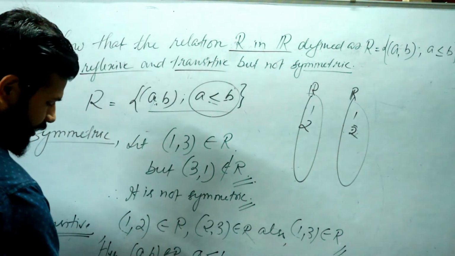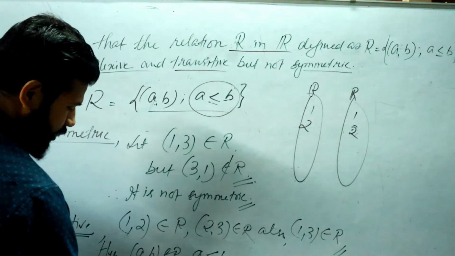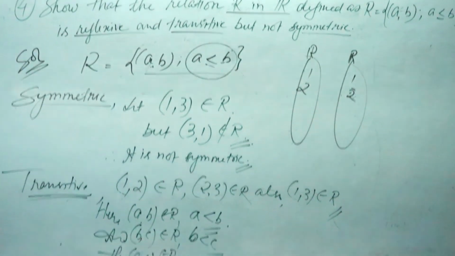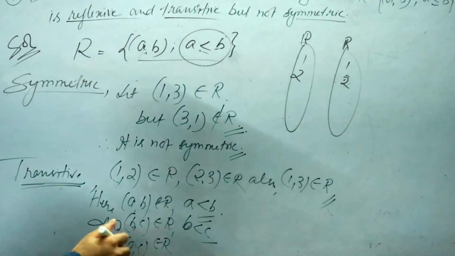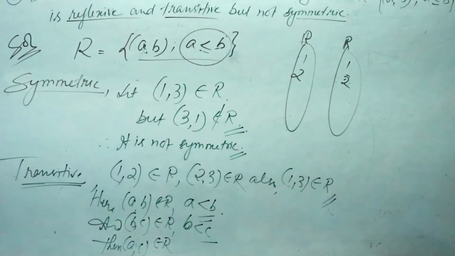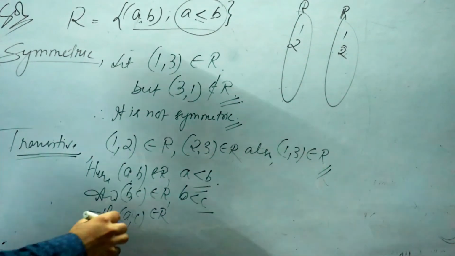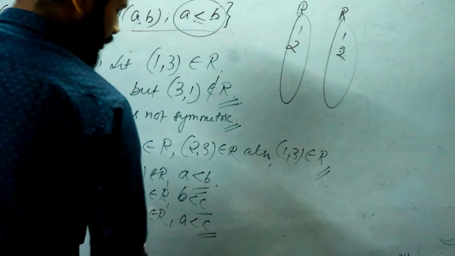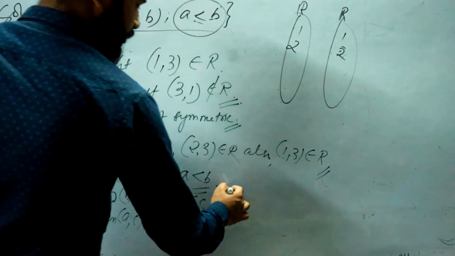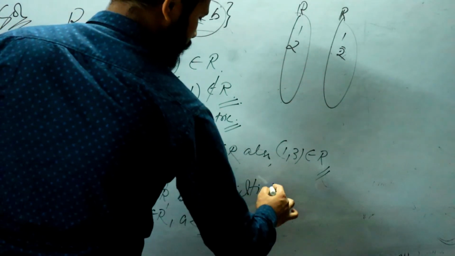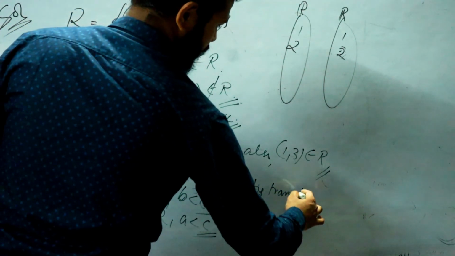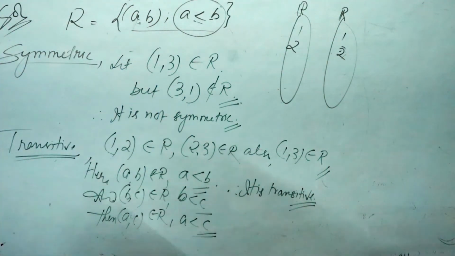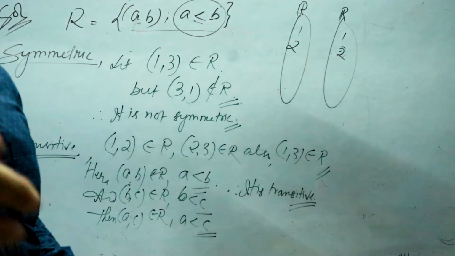Then we can clearly say that (a, c) also belongs to the relation, because a is also less than c. Simple logic. Therefore, it is transitive. I hope that's clear, my dear. Very interesting. Thank you. We shall continue next.